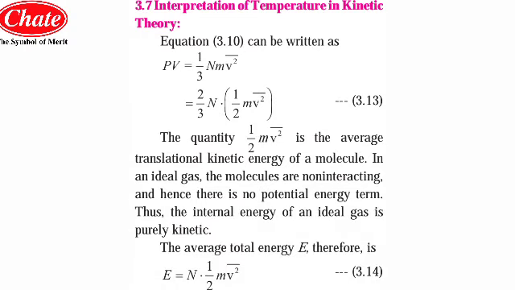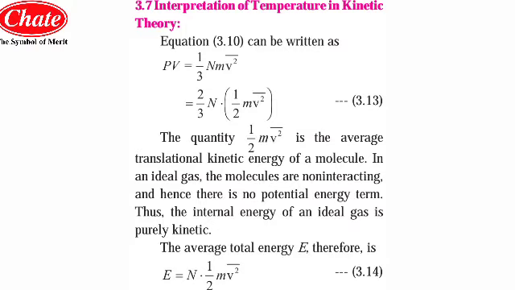Now students, the next part we have to see is the interpretation of temperature in kinetic theory. Already we have derived equation 3.10, which is pressure is equal to 1 by 3 into N by V m v square bar. By using this equation we can write PV is equal to 1 by 3 N m v square bar.